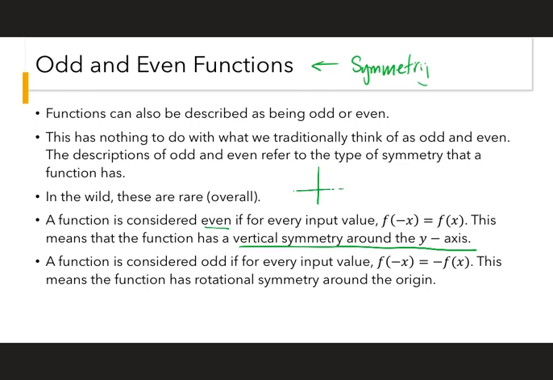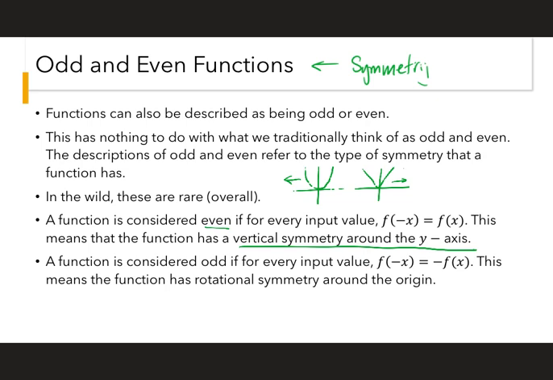So, common examples are quadratics or absolute values. Those are the most common. It doesn't mean they're the only ones, but they're the most common. Now, the problem with this is if it's even, and I take this function and move it either to the left or to the right, it's not even anymore.